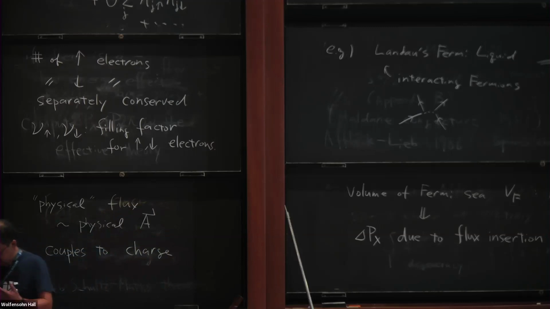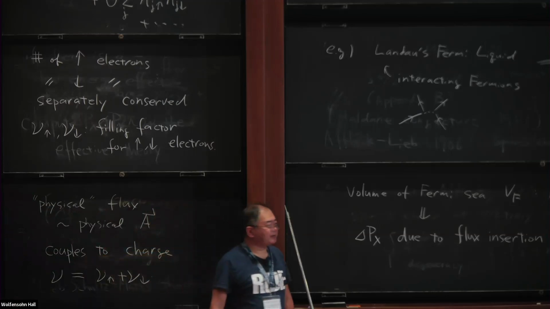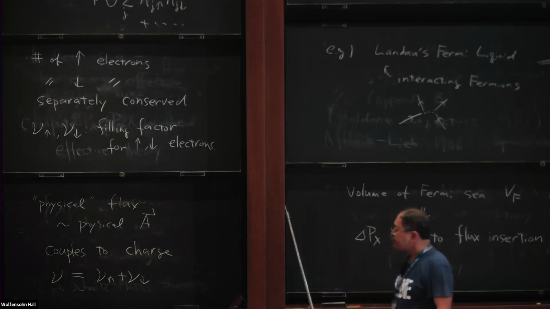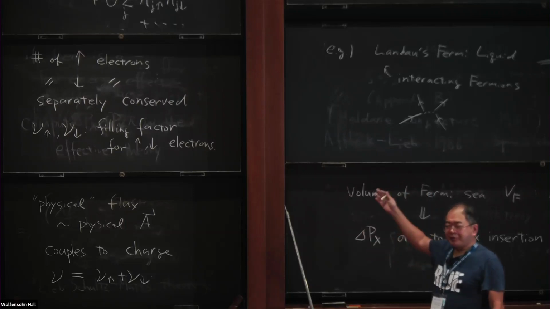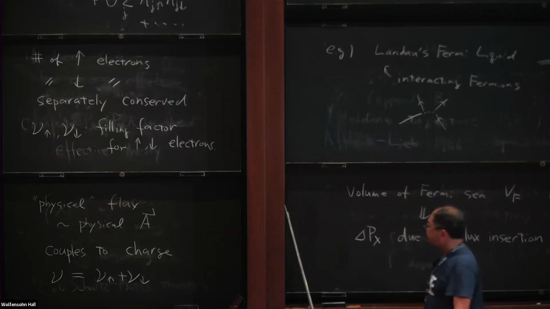So if you insert a flux, then the system responds, and the up-spin and down-spin electrons respond in the same way. So what matters here is the total filling fraction. And using this total filling factor, you can apply the Lieb-Schultz-Mattis theorem or this Luttinger type theorem as you like.